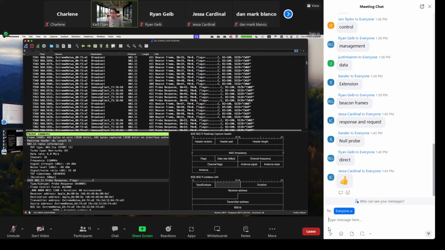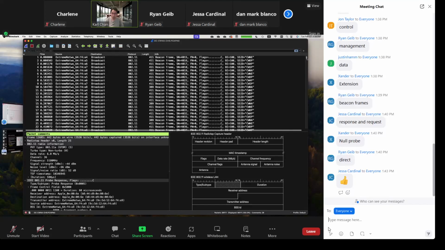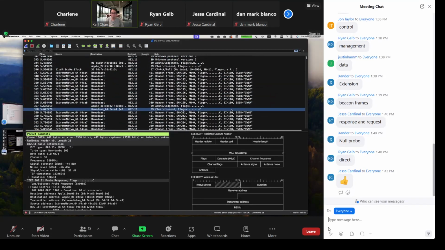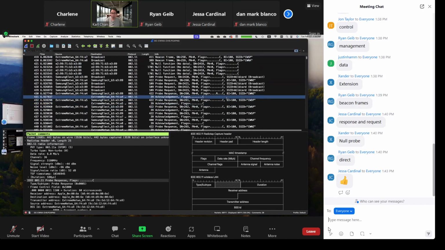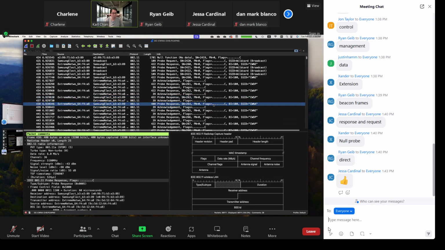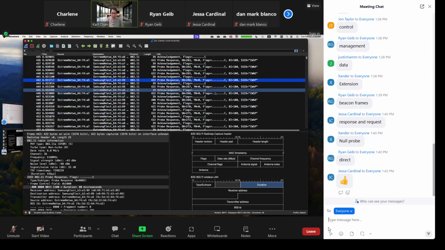However, if you send out a null probe request here, 429, you will see more probe responses, right? I think most of you have the correct number for it, which is 20.